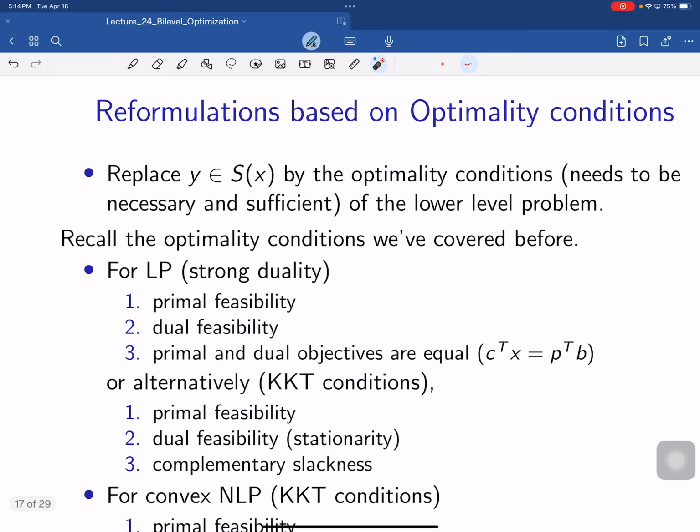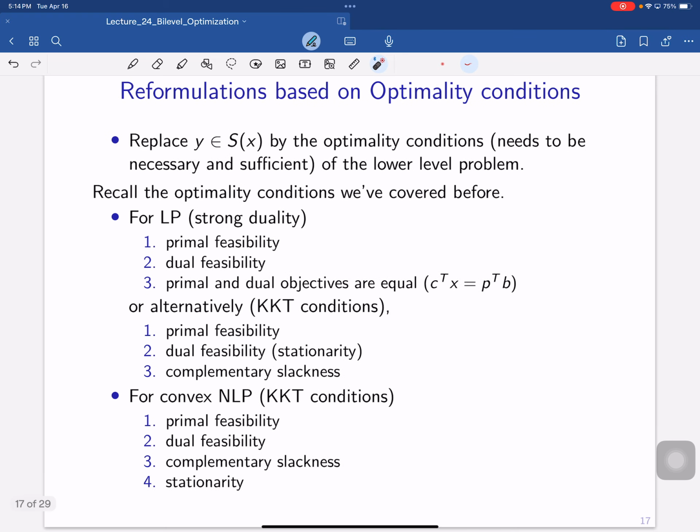Another more commonly used approach is to do a reformulation based on optimality conditions. The idea is that we can replace y belonging to the optimal response set with the optimality condition of the lower level problem. Just to refresh your memory, what optimality conditions have we covered so far?